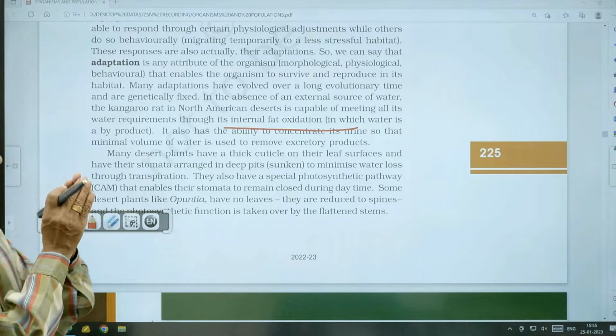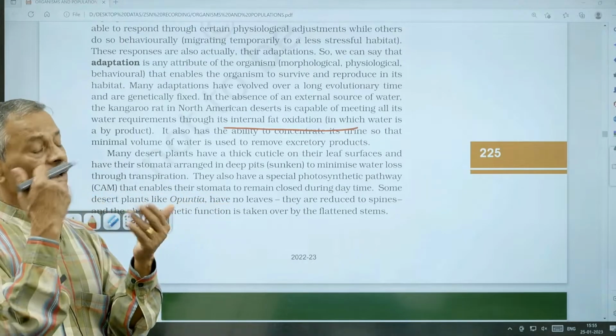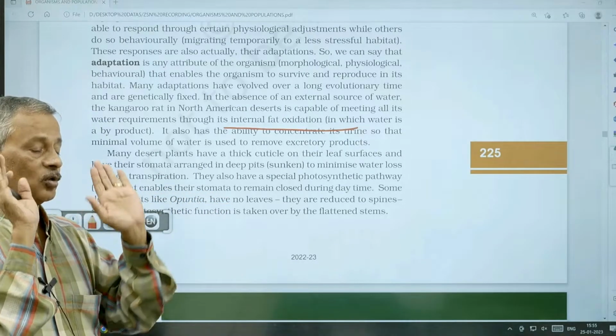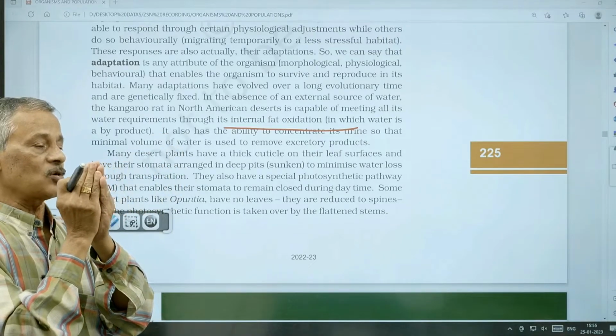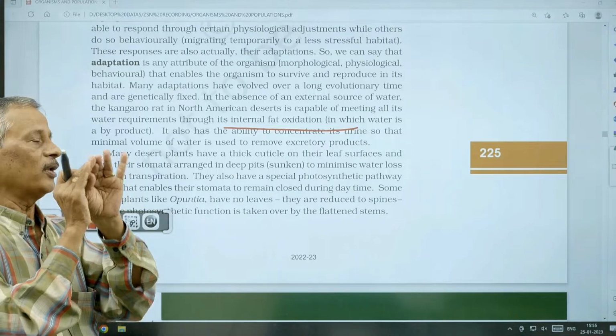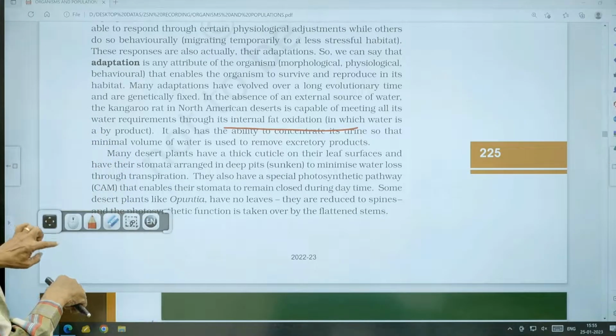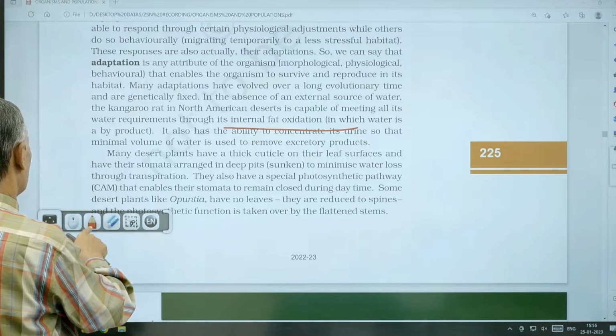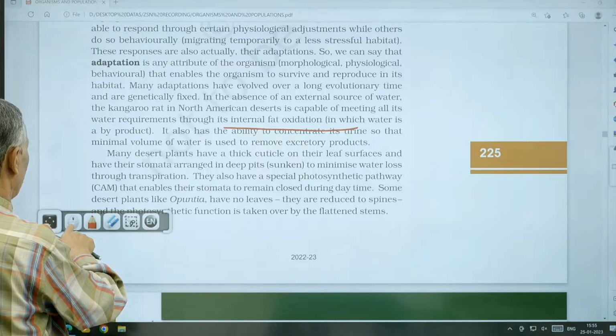When the stomata are open, water loss naturally occurs. So to prevent that, they close the stomata during daytime and open them only at night. Okay. So we are having a number of adaptations seen in desert plants.